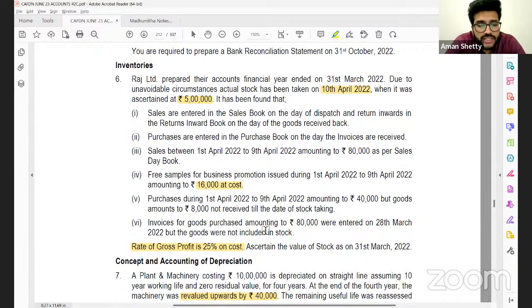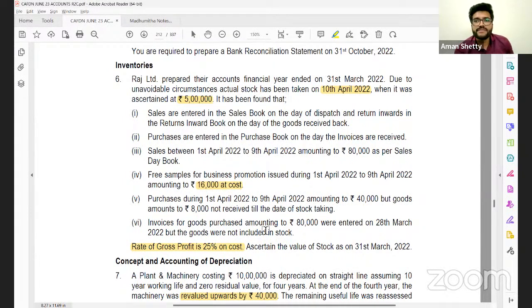Then what they've written down is, see, sixth point, important, mark that as important. Invoices for goods purchased amounting to rupees 80,000 were entered on 28th March 22, but the goods were not included in the stock. That means this was not considered in the stock at all.